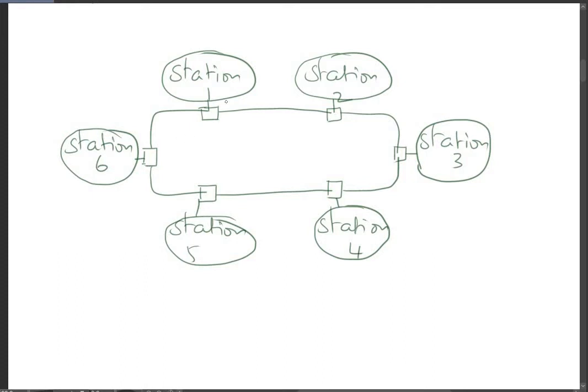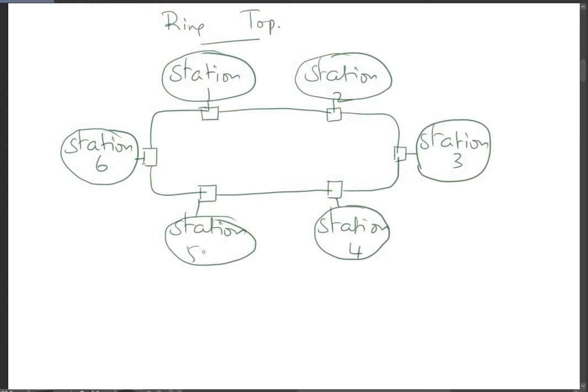Station 1 is connected to 2 and 6, 2 is connected to 1 and 3, 3 is connected to 2 and 4, 4 is connected to 3 and 5, 5 is connected to 4 and 6, and finally station 6 is connected to station 1 and station 5. This is the physical structure of a ring topology.